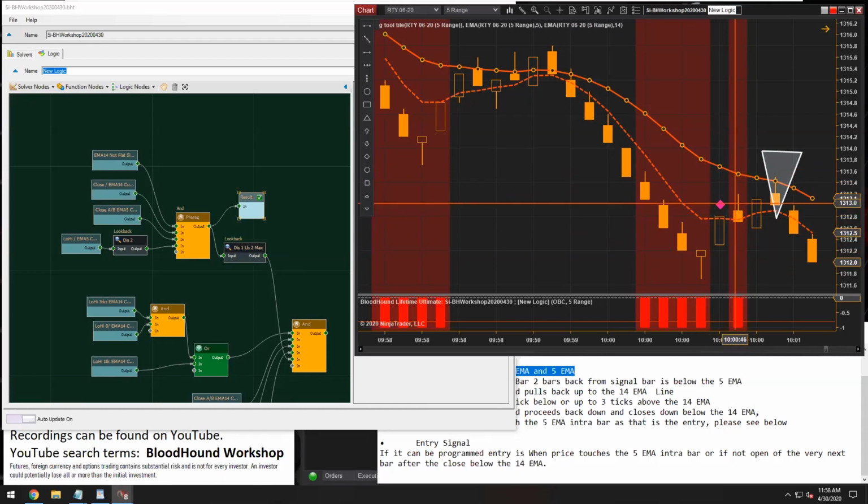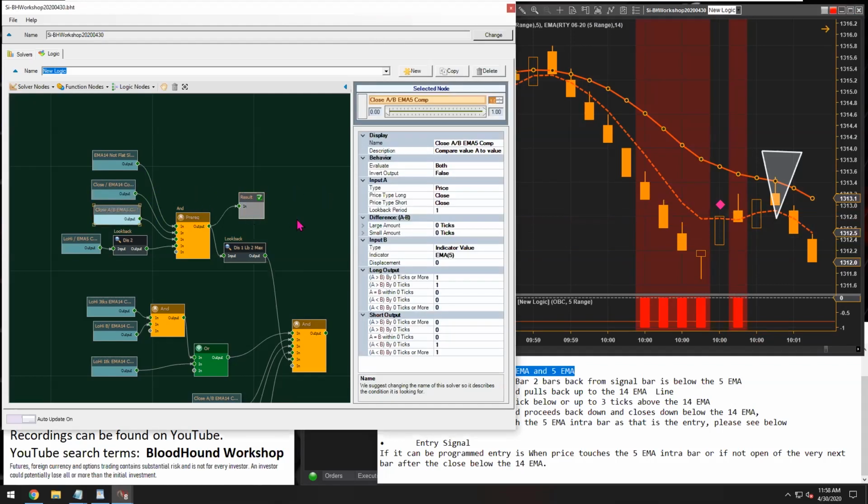I just need to think about this for a sec. Going back to my original instinct here, I think instead of using the closing price, we need to use the high of the bar or the low of the bar.